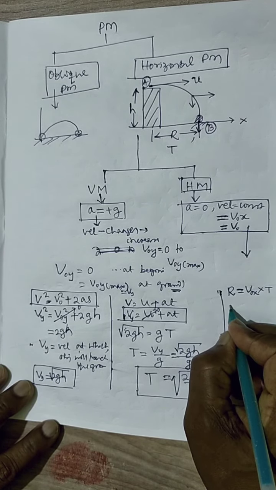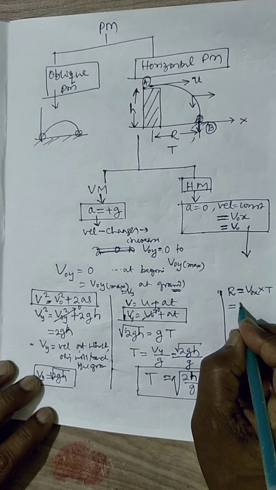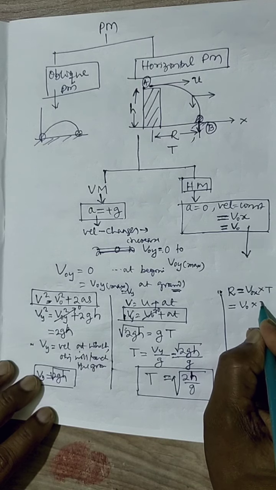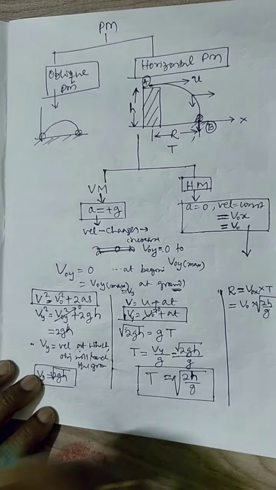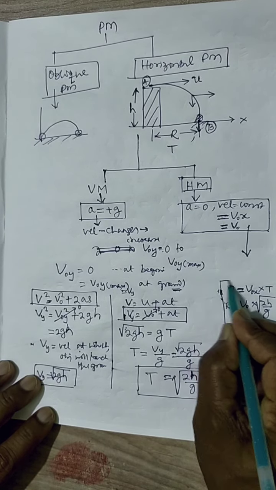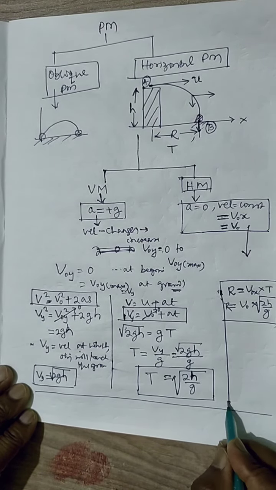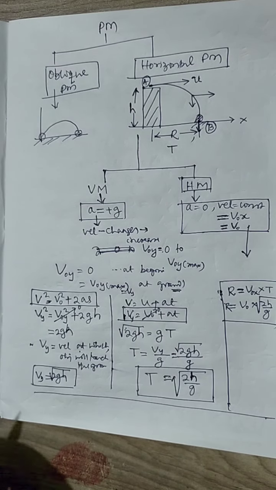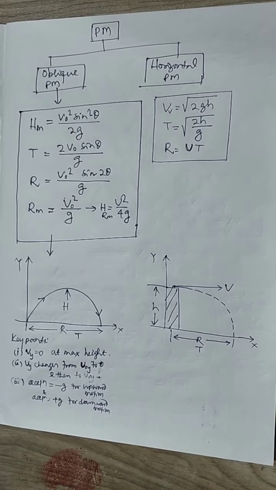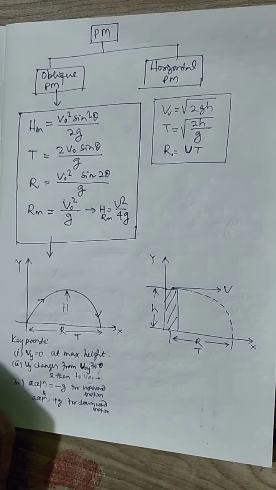Here we have taken velocity v0 and t, and this is the r. Summarizing all these three equations for horizontal projectile motion, we now summarize the complete projectile motion.